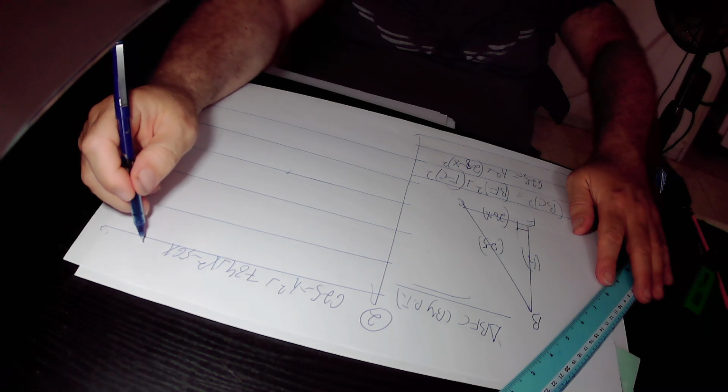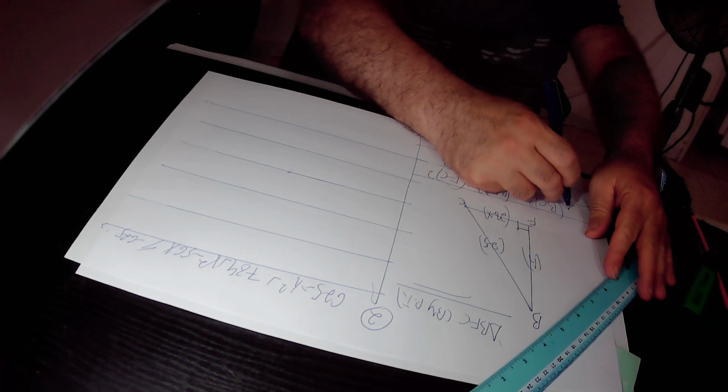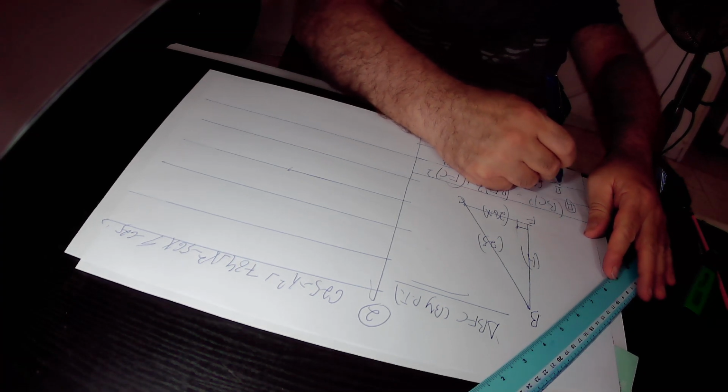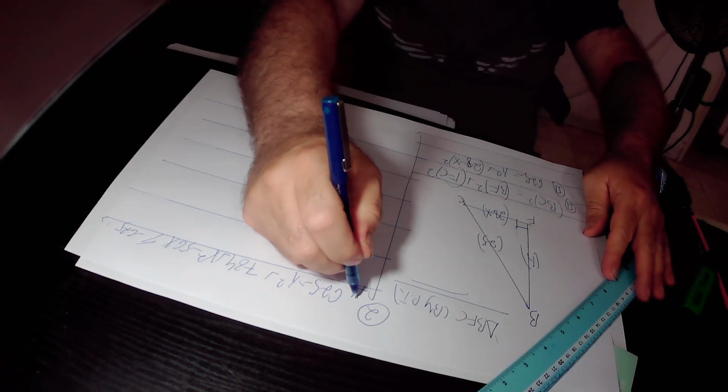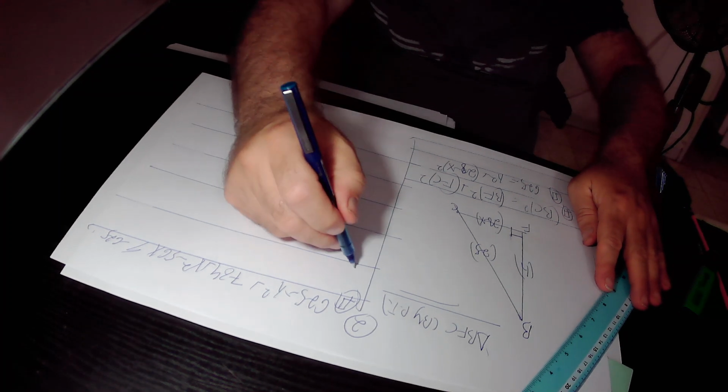Here we subtract 625 from this equation, equation 2. So on this side of the equation we are left with nothing, that is to say 0.